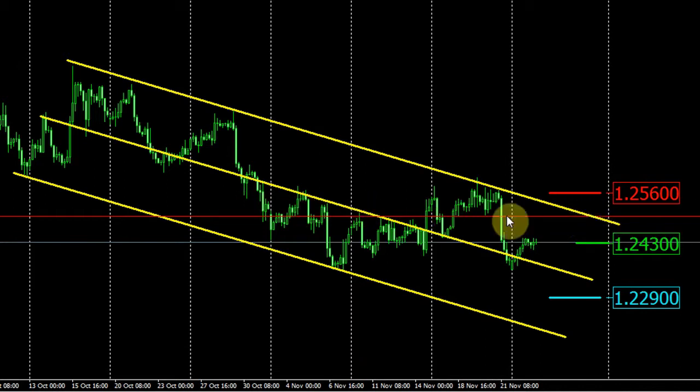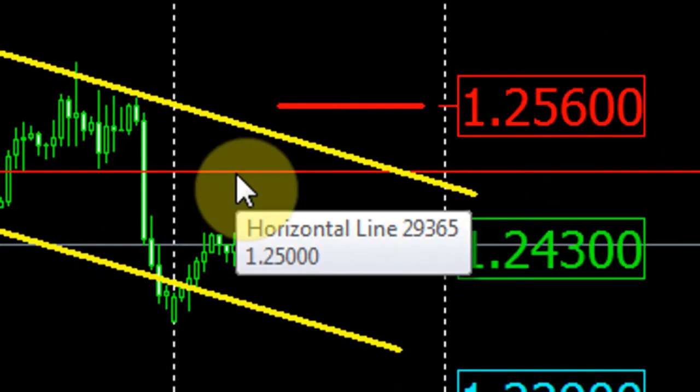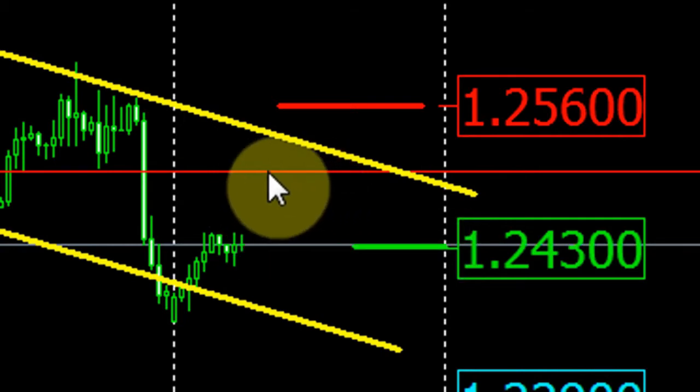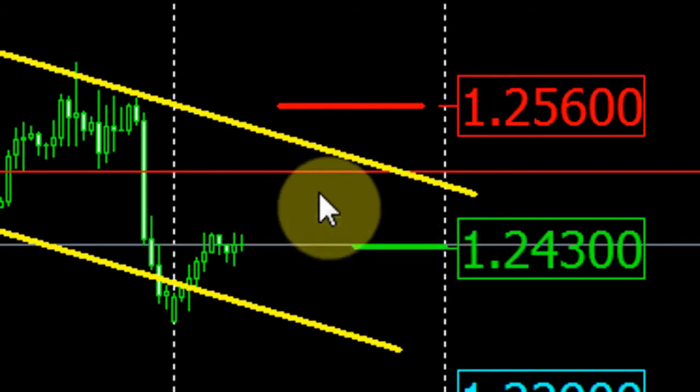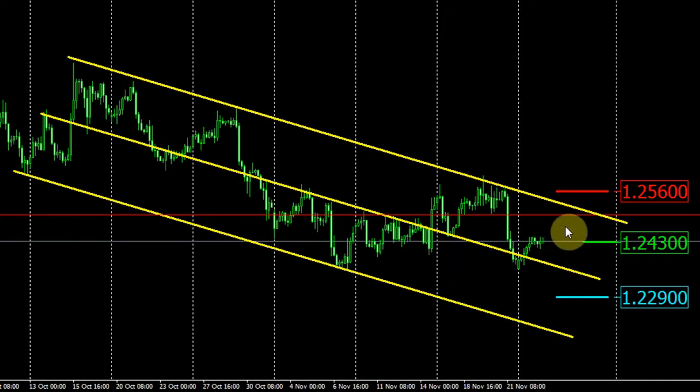Also, this red horizontal line represents a very strong psychological level of 1.25000 US dollars per euro, and that means traders will try to sell at that level, which will help us drive the price down.